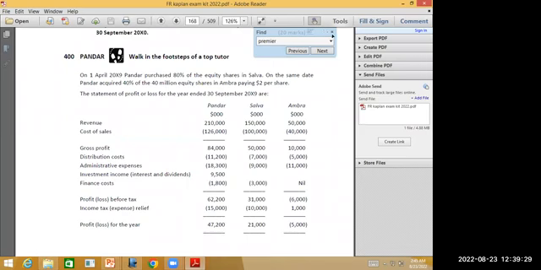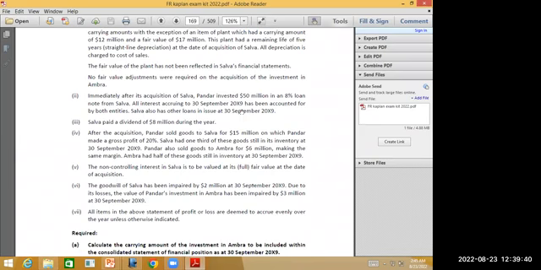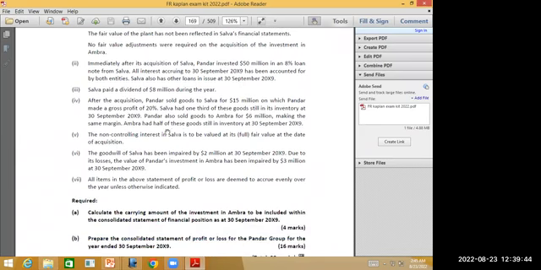Now, here is a question. We'll be having three companies: parent, subsidiary, and associate. Is there any intercompany transaction between the parent and associate? Yes.